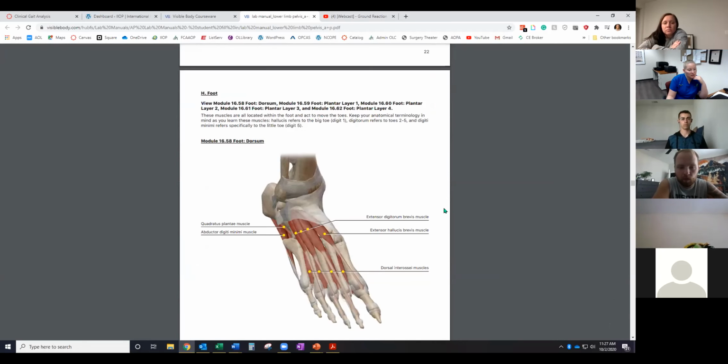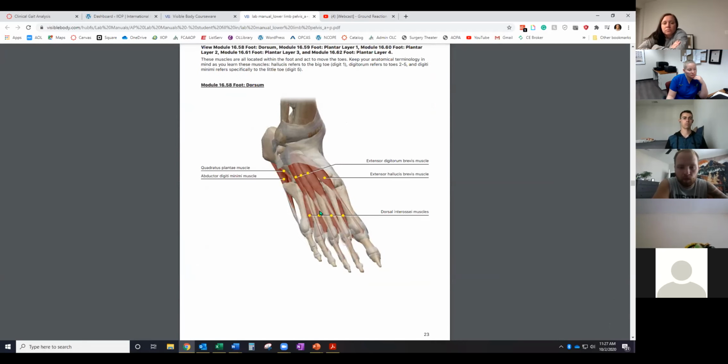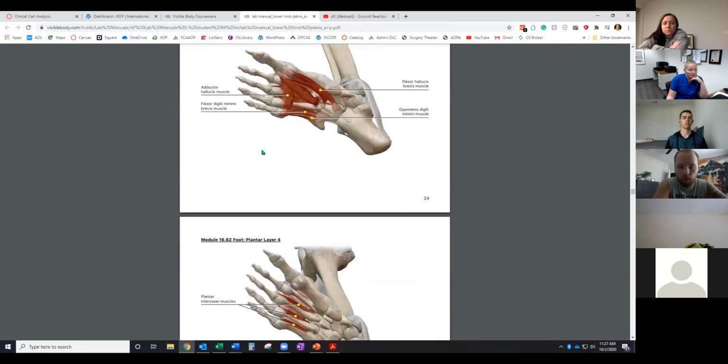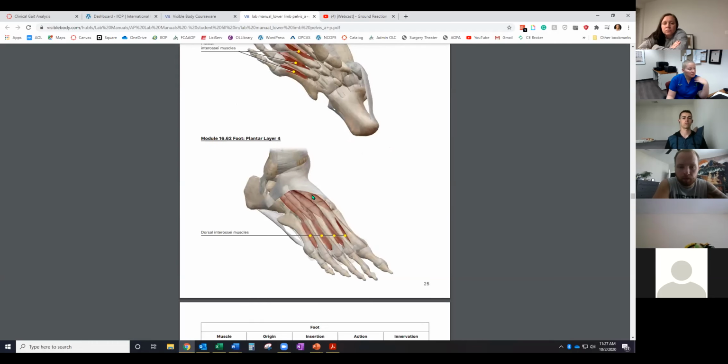We're not going to go into all of these teeny tiny muscles of the feet, like for example the interossei muscles. For these muscles, you would not need to know the origins and insertions. You just need to know that they help support the arches of the foot.